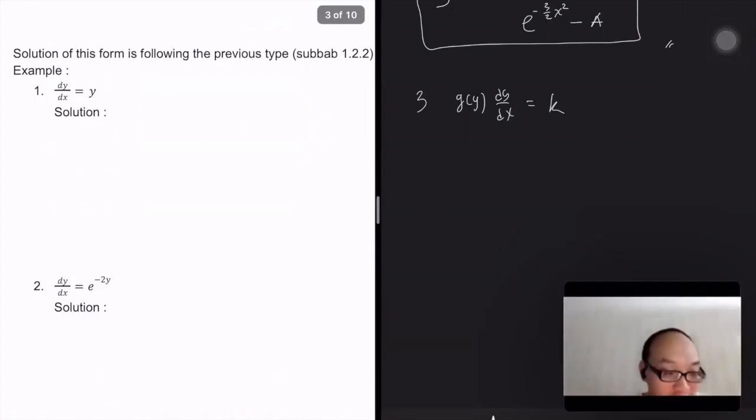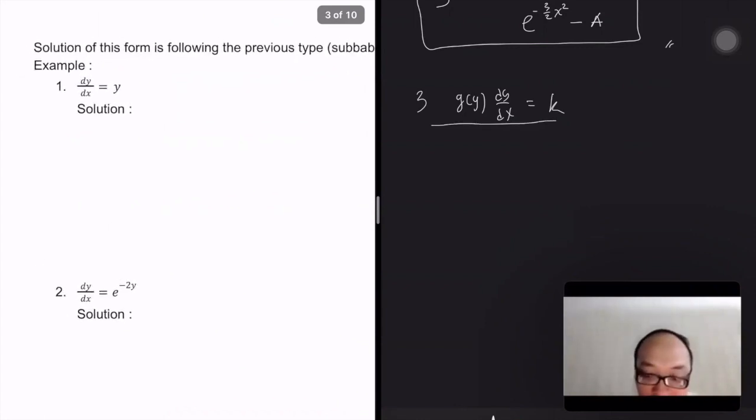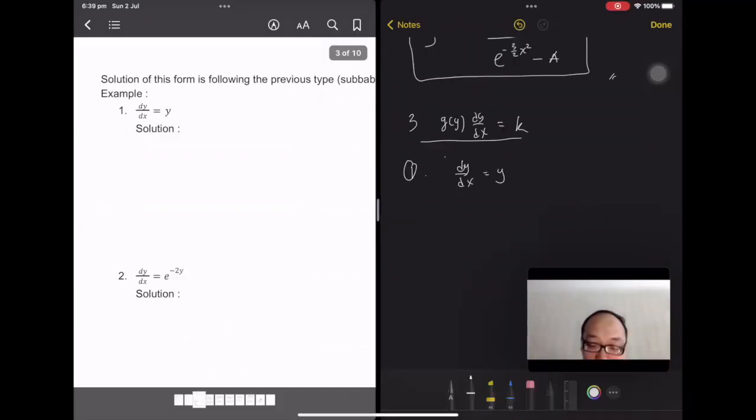We can see example number 1. dy/dx equals y. As you can see here, the differential equation only contains the function of y. There is no x here.